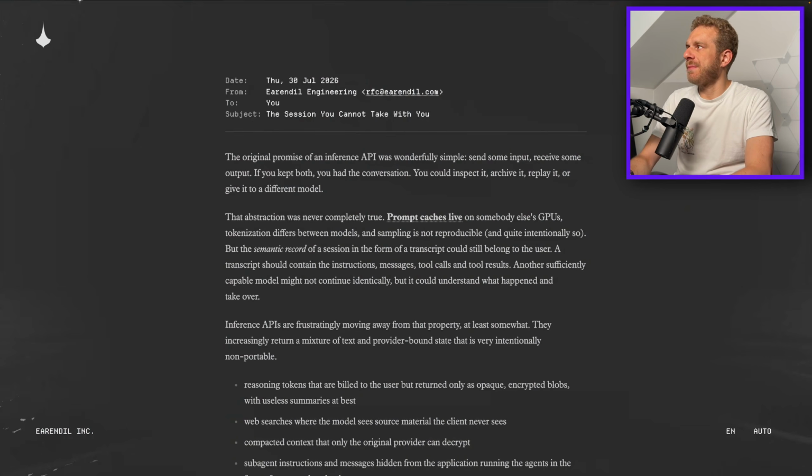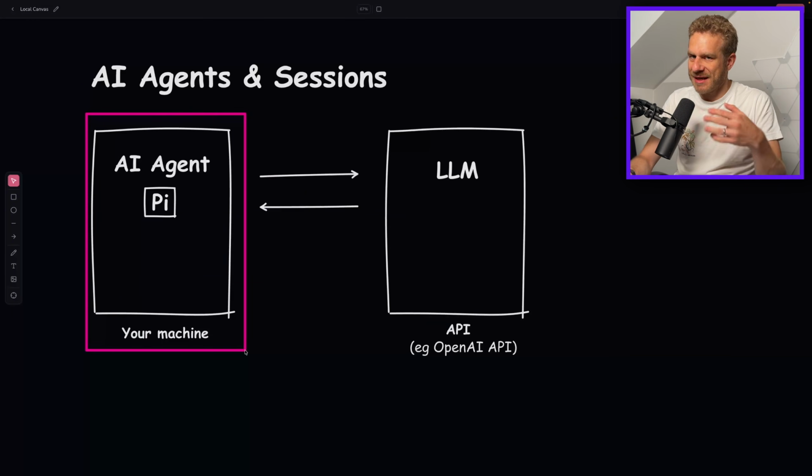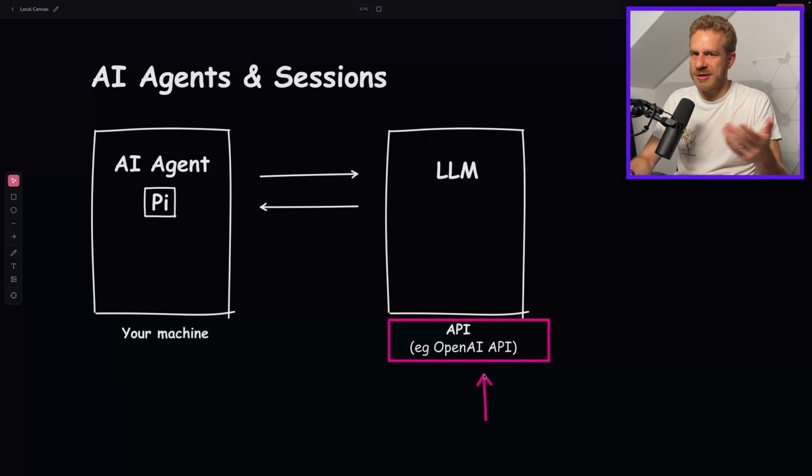Now, why does this matter? Well, of course, when you use a coding agent like Pi, and it's not just Pi, that's in general how they work, the idea is that the agent runs on your machine or maybe on a remote machine, but typically on some machine you own or control. And of course, the large language model, the brain behind the agent, typically does not run on your machine, but instead on some remote server served through an API, for example, by OpenAI, if you're using their subscription or their API, or Anthropic and so on.